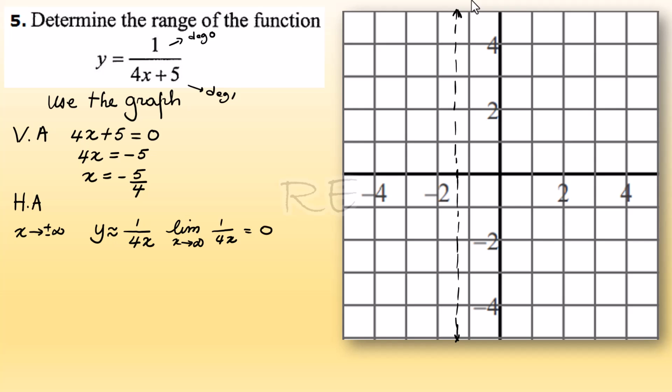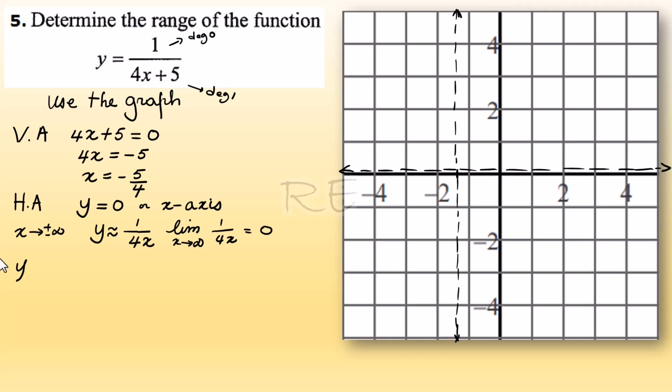If x becomes extremely big, 1 over something extremely big is equal to 0. Therefore, the horizontal asymptote is y equal to 0, or the x-axis. We draw a horizontal line on the x-axis.